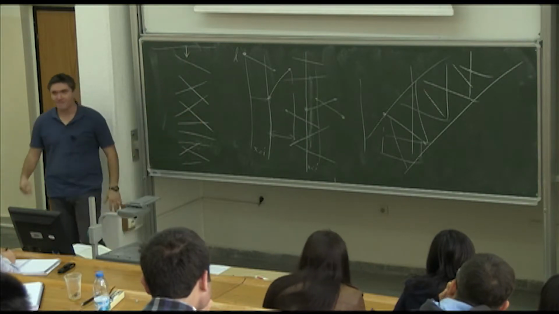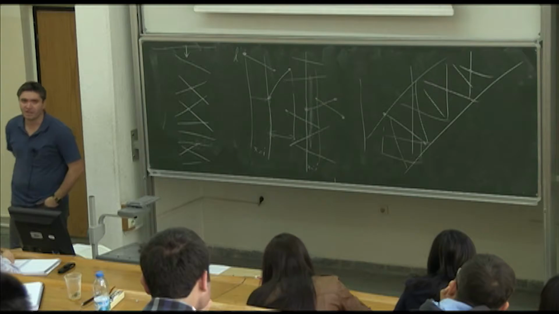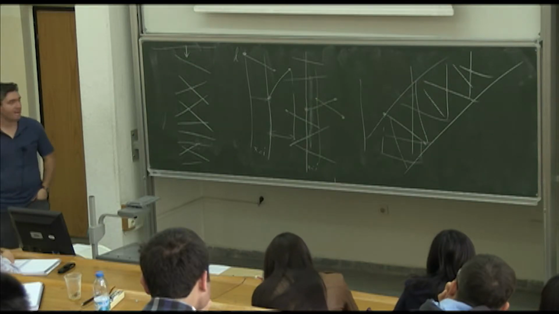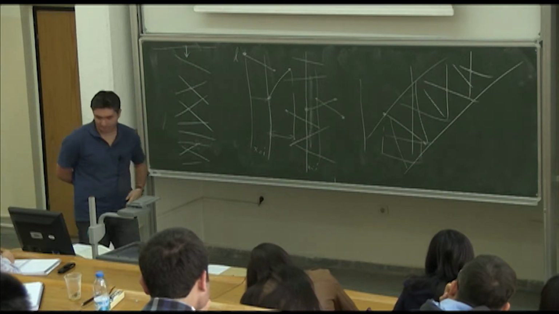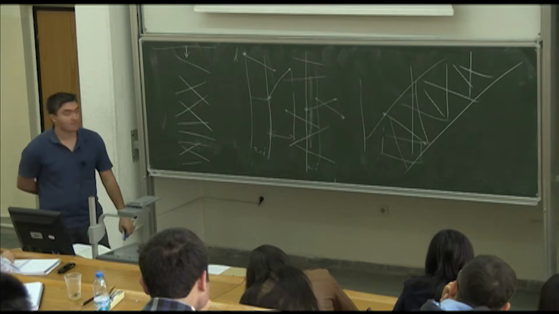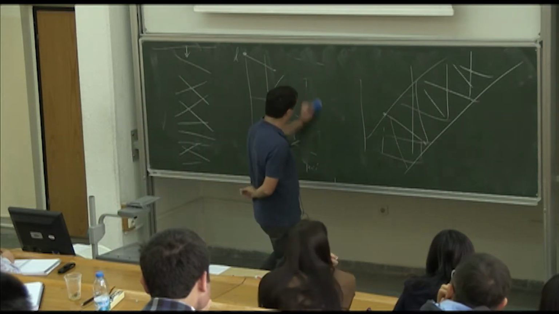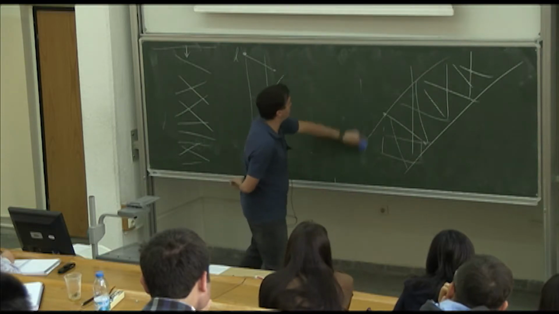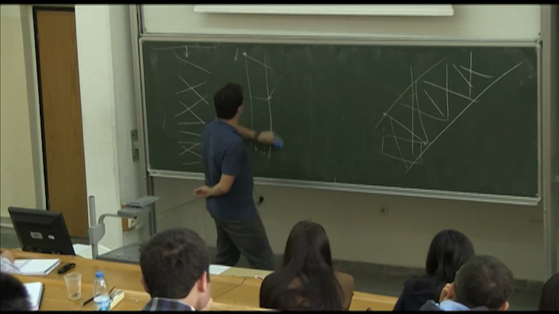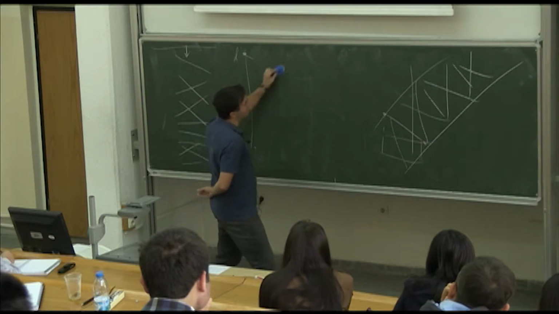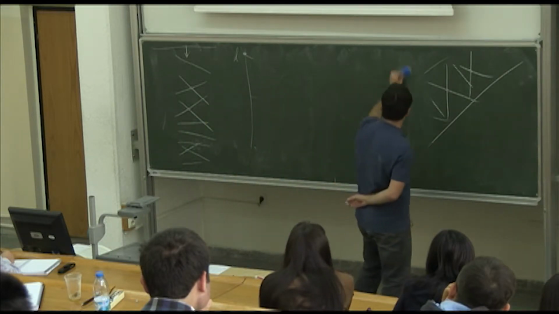So we may need some other observation to speed things up. And that other observation is this. This became a messy figure, so let me just erase this part and start from scratch.